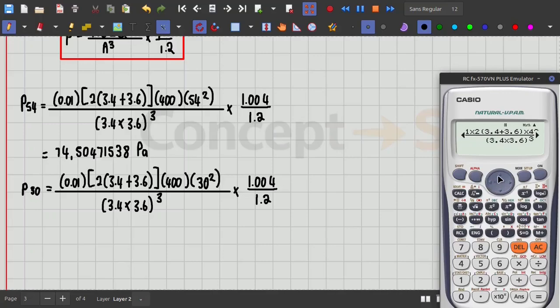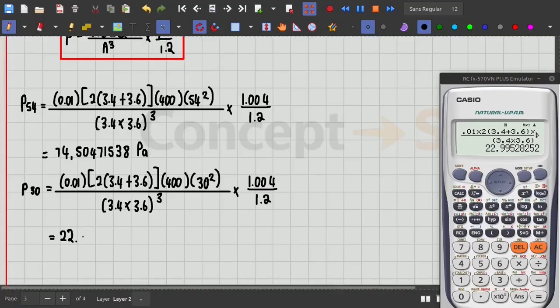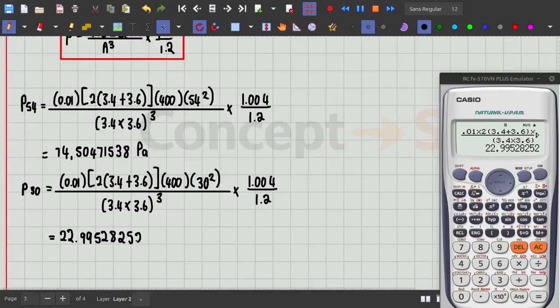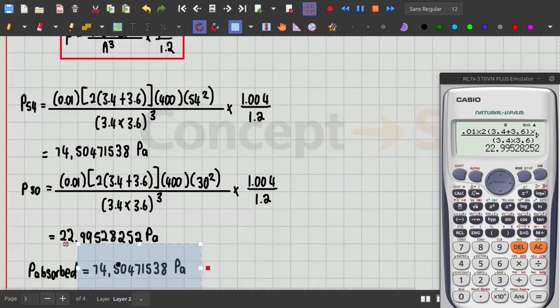Punch that. Just changing the 54 to 30, and we get 22.99528252. This is in pascals.